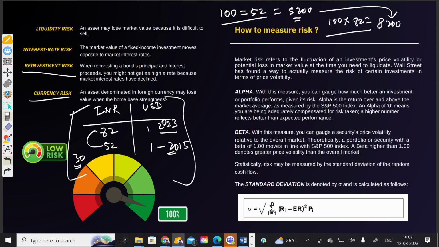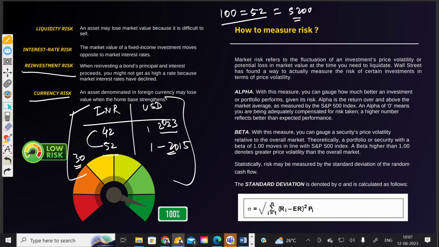What if vice versa? Take the example. Let's say you take a loan at 52 and the current market price of a dollar in INR is, let's say in 2023, 42. If this is the case, then definitely you would see some positive benefit from this currency conversion.